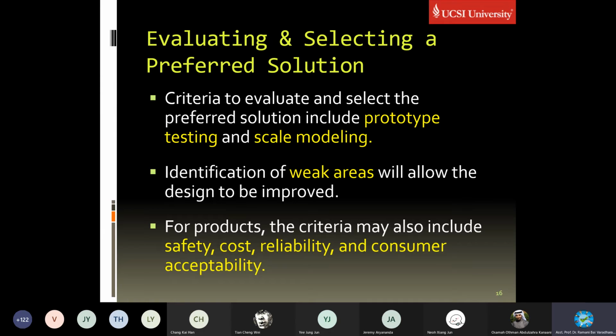Criteria to evaluate and select the preferred solution include prototype testing and scale modeling. Yeah, always it is preferable. Having designed your problem using mathematical models and computer models, go for prototype testing and scale modeling. That will completely evaluate and decide your design parameters for a new product, new engine, new machine.